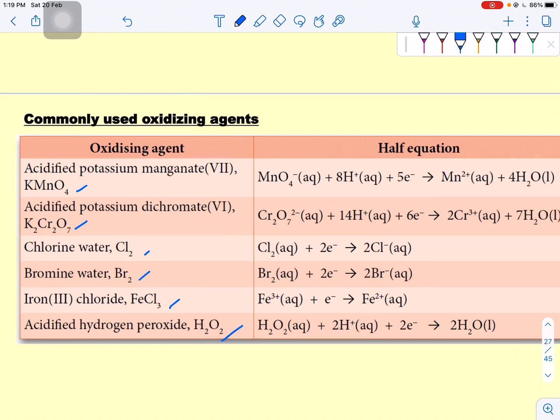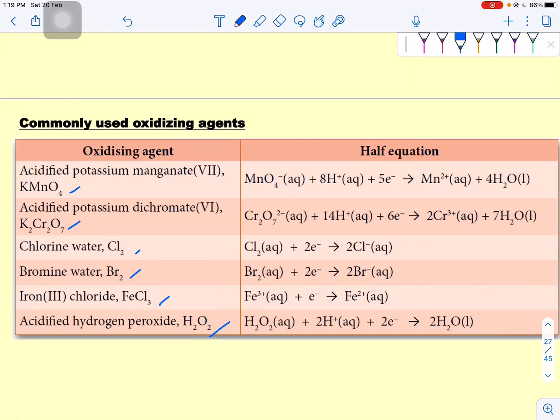Okay. And what you have to really master about them, kita ada formula yang sangat banyak, tapi kita just fokus kepada certain ion, anion or cation je. Macam acidified potassium manganate, we focus on MnO4 negative. Kita tak ambil KMnO4. This one kena mahirkan lah dari masa ke semasa. Potassium dichromate, we just focus on Cr2O7 2 negative.